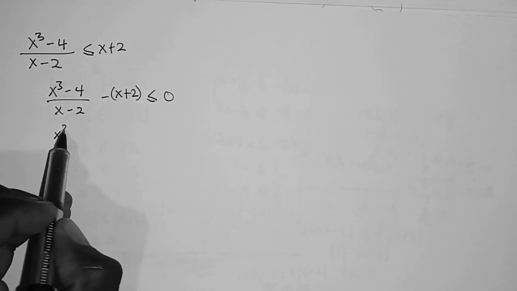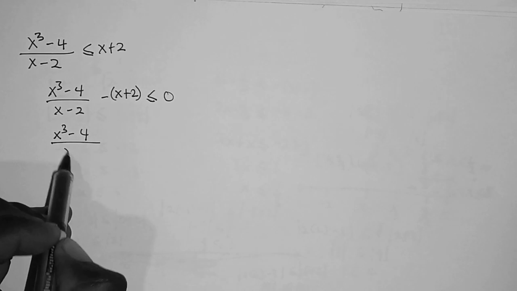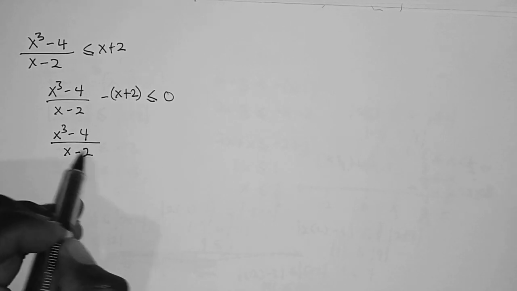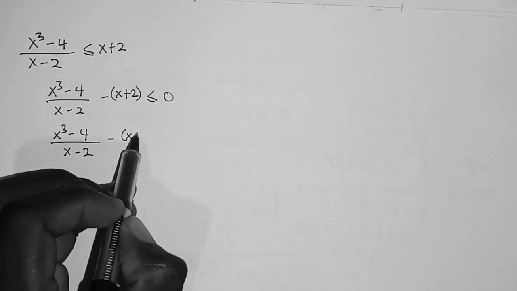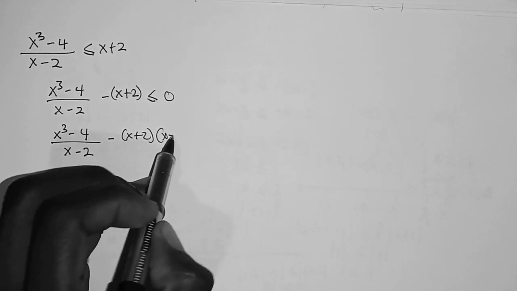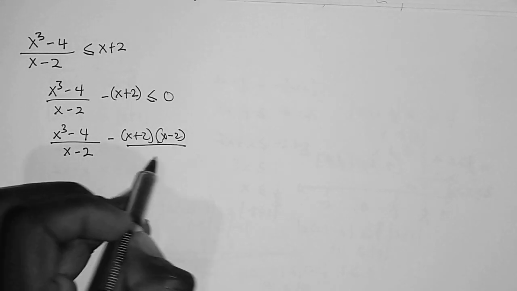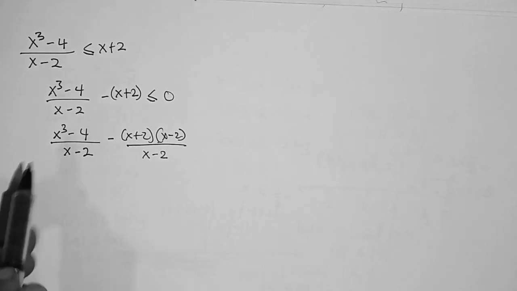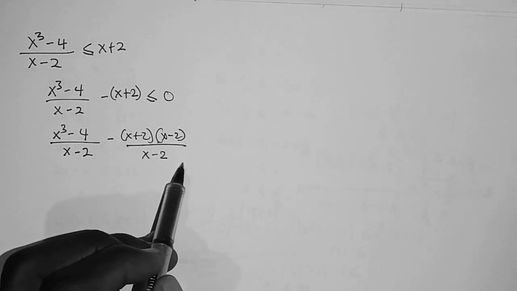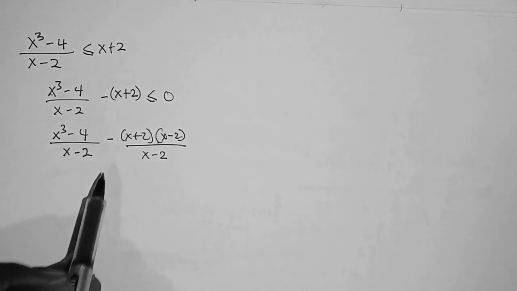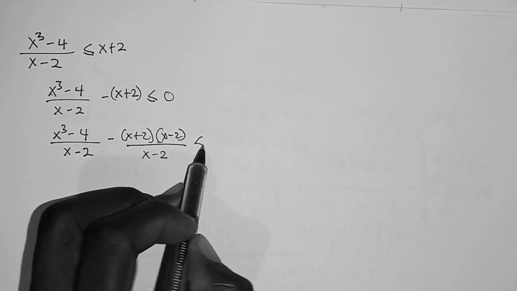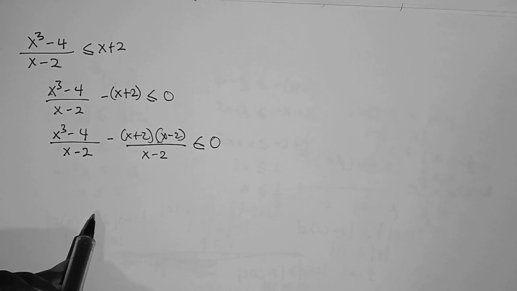So it becomes (x^3 - 4)/(x - 2) - (x + 2)(x - 2)/(x - 2). Now, you see that x - 2 and x - 2 can cancel out to give us the original equation. So we've not really, in essence, done anything to that equation.